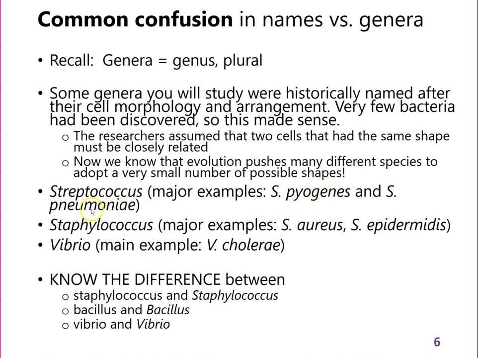So if you read the word Streptococcus and you're wondering, is this talking about a cell morphology and arrangement, or is it talking about a genus of bacteria? The formatting will tell you, because if it's capitalized and italicized, it's a genus, and if it is neither of those things, it is a cell morphology and arrangement.